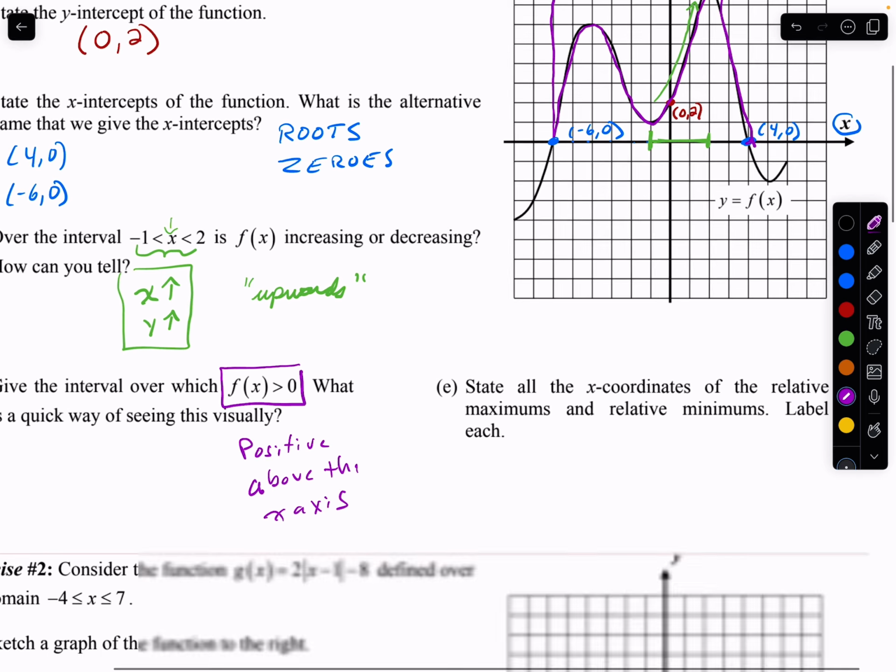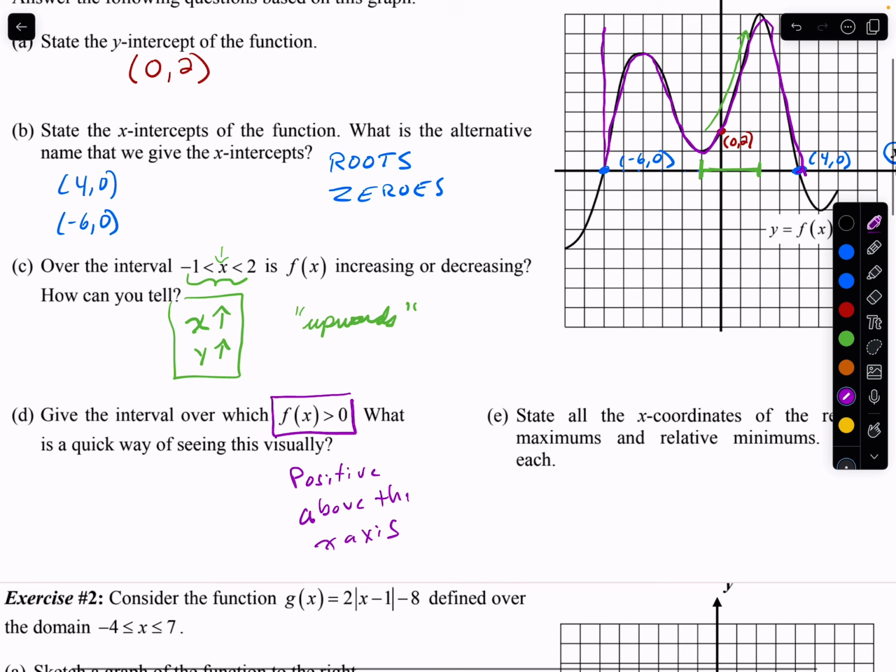So you can say what interval the function f(x) is greater than 0: negative 6 is less than x, which is less than 4. Or using interval notation, negative 6 not inclusive up to 4 not inclusive. Not inclusive because we want to know when it's greater than 0, not greater than or equal to 0.